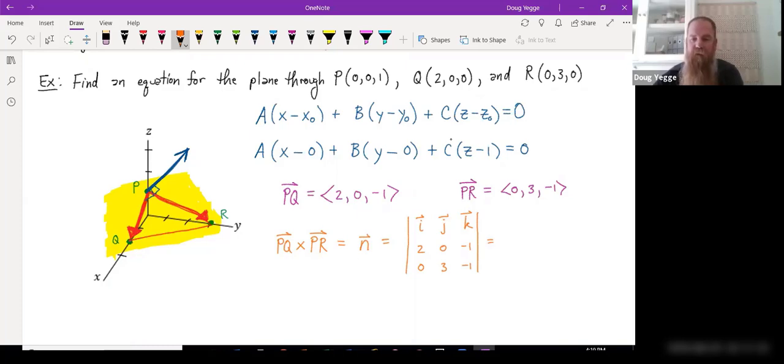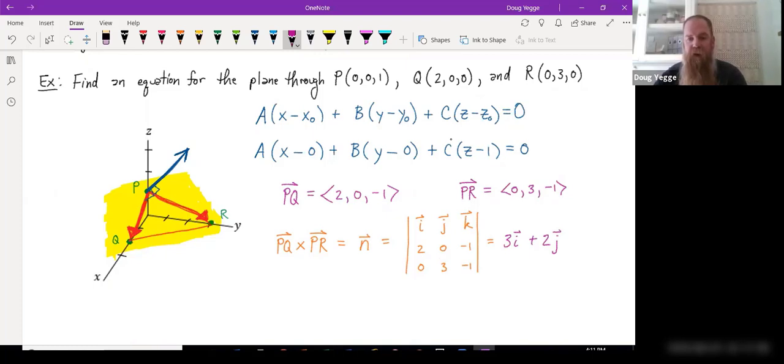So for our I component, we get 0 minus negative 3, which is 3. So we get 3i. Minus. Now in our j component, we get negative 2 minus 0, so minus negative 2j, so plus 2j.